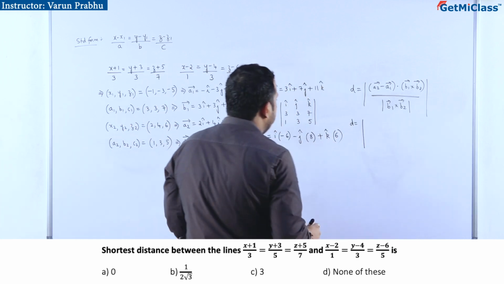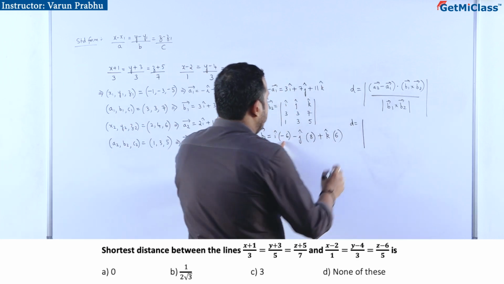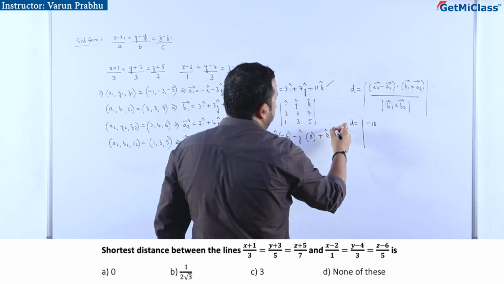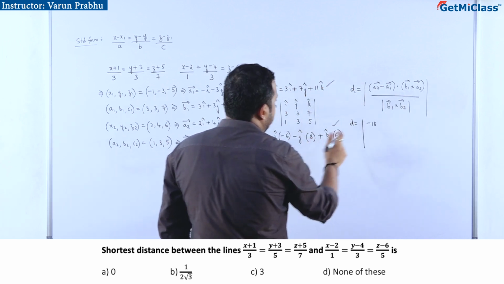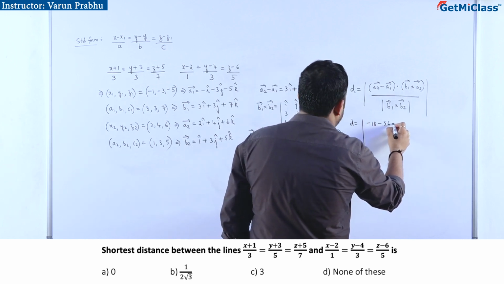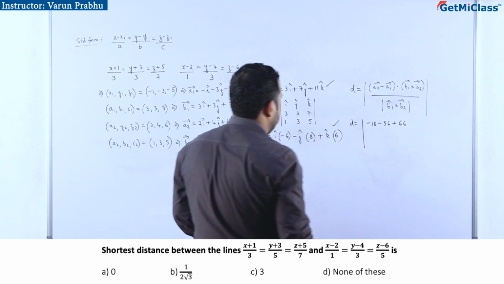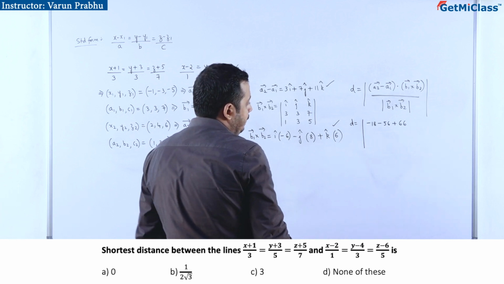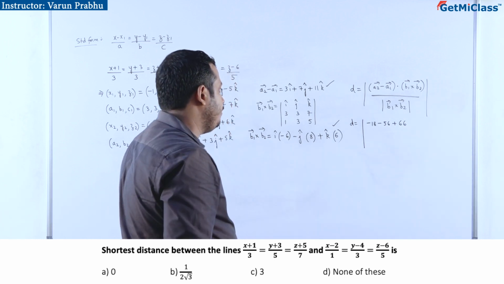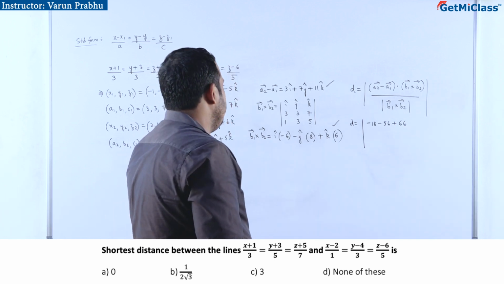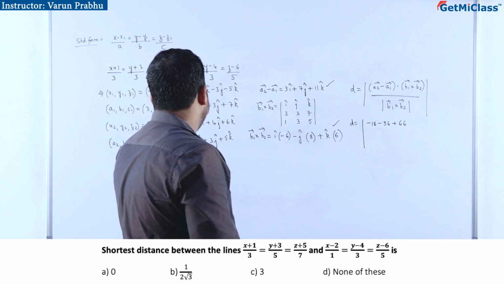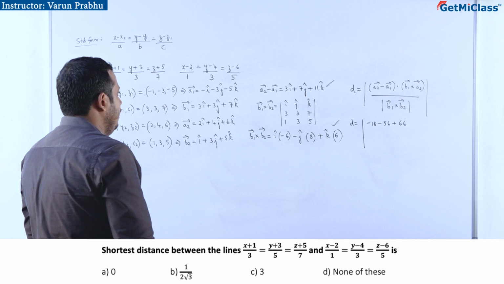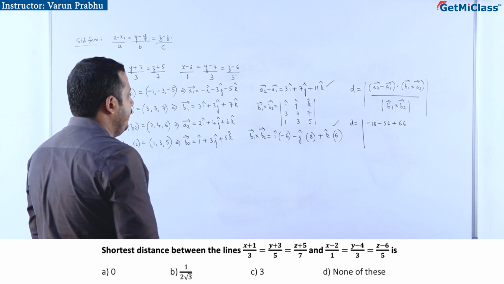So what answer do we get? D is equal to, in the numerator, 3 into minus 6 will be minus 18, correct? When you take the dot product between this one and this one, then minus 8 times 7 is minus 56, and then plus 66, since 11 6s are 66, 8 7s are 56, minus 18. Here, 2 minus of minus 1 is 3, 4 plus 3 is 7, 6 plus 5 is 11.